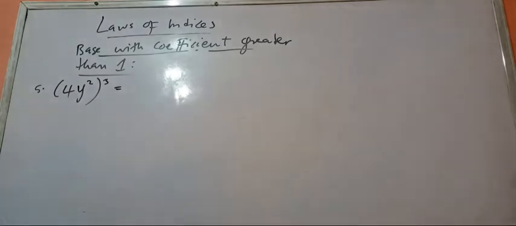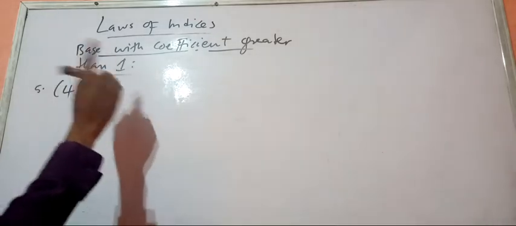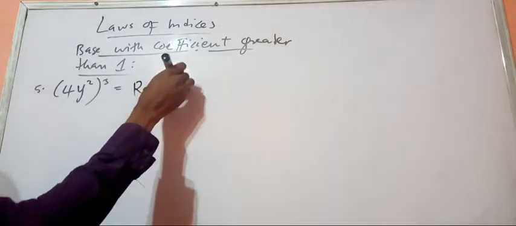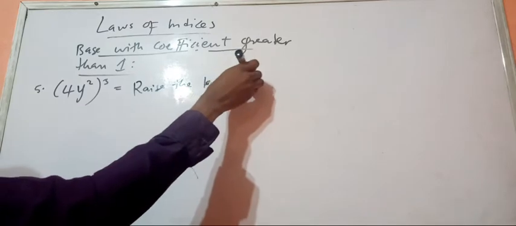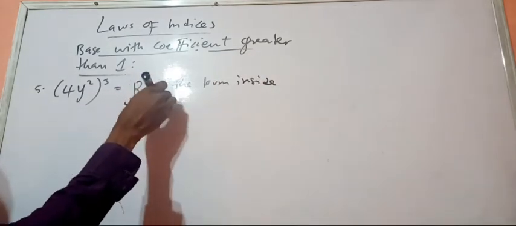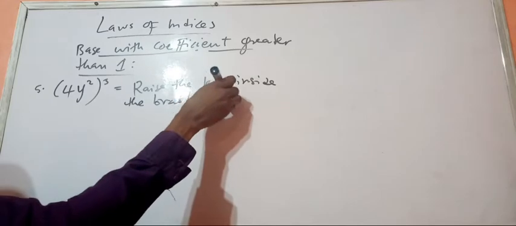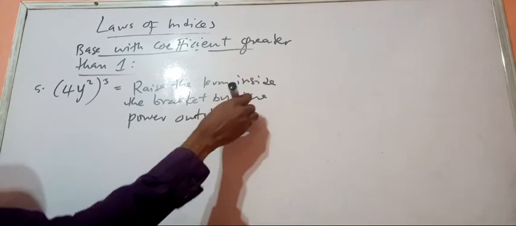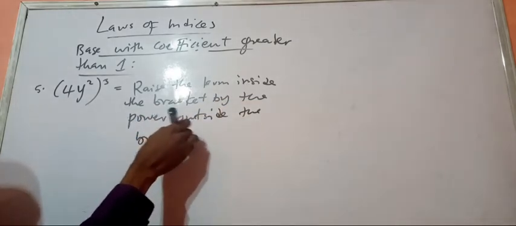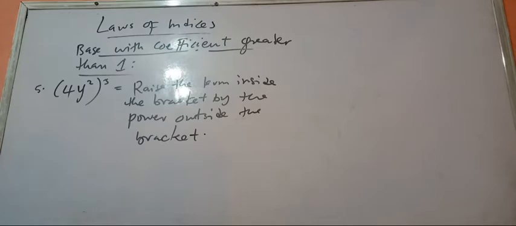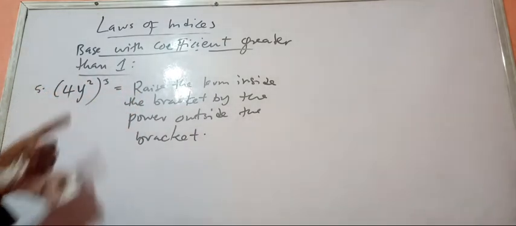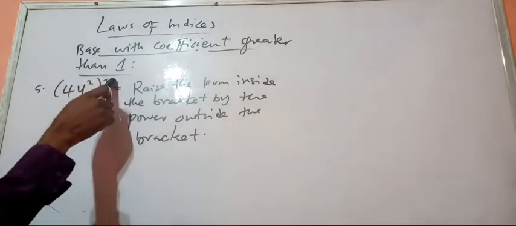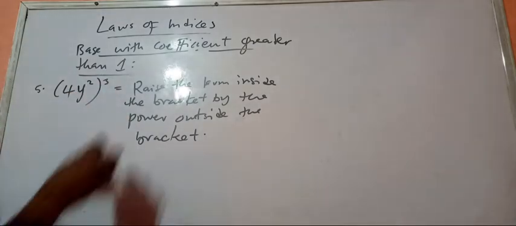Don't forget the principle: raise each term inside the bracket by the power outside the bracket. So this is the power outside the bracket, and these are the terms inside the bracket. Okay.